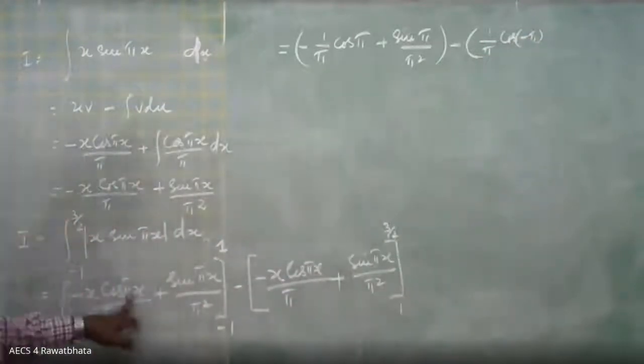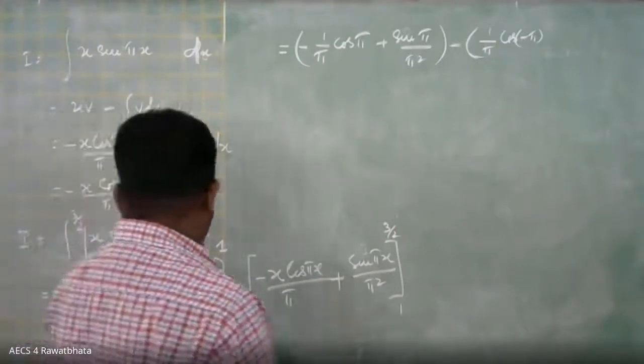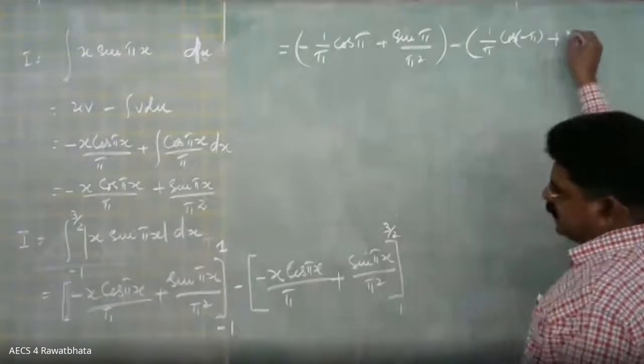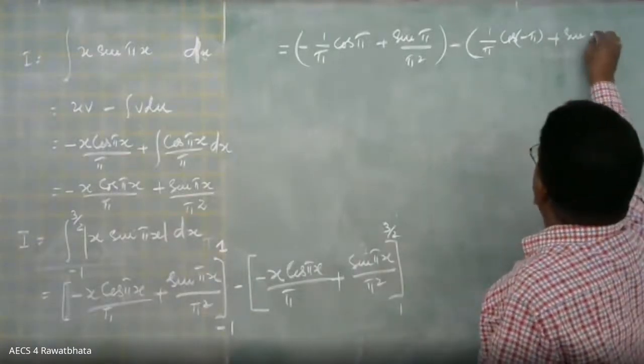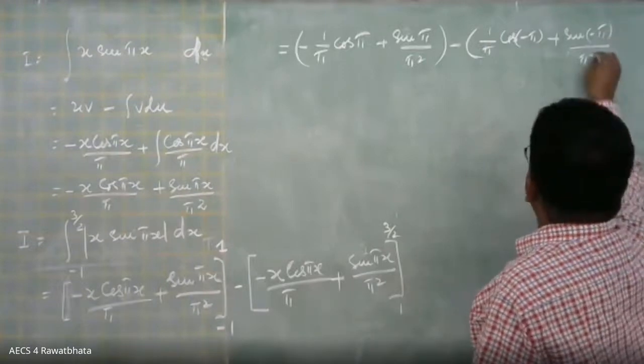Cos of minus theta is cos theta, that you can write in the second step. And plus sine of minus pi upon pi squared.